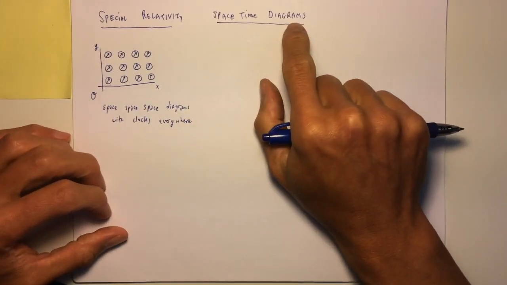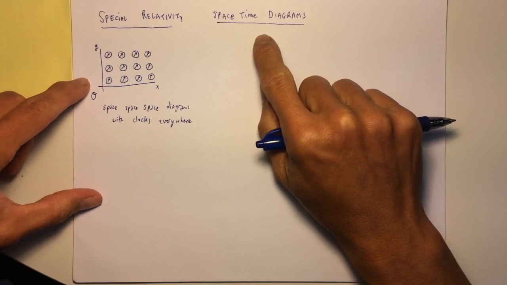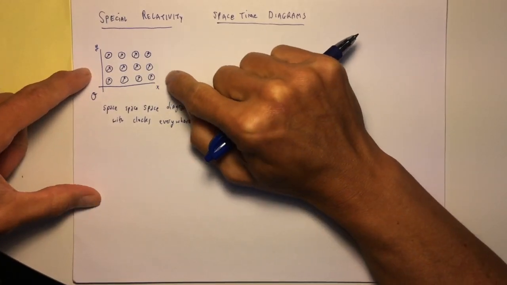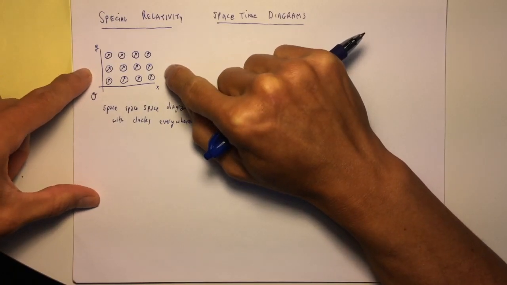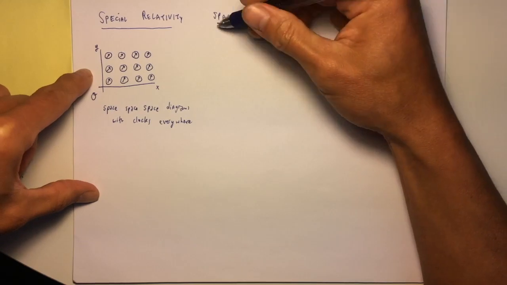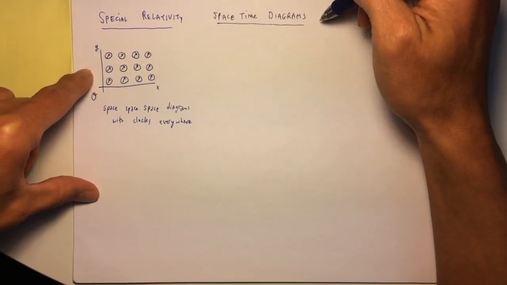Spacetime diagrams is the subject of this video, and they are different from the diagrams that I've been drawing this whole time. They make a really useful tool once you figure out how to use them.